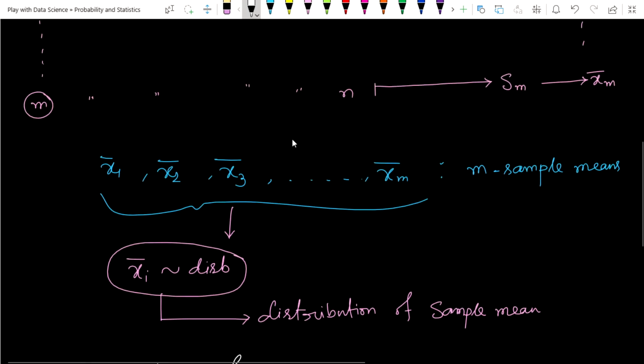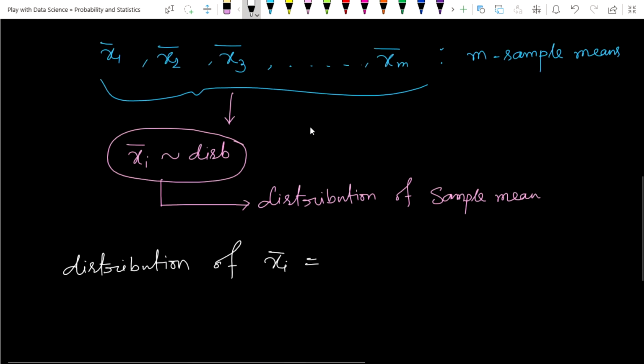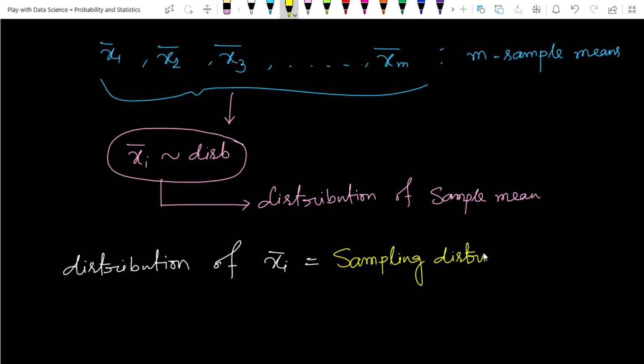I am taking the distribution of the sample mean, so this is called the sampling distribution. These are called the sampling distributions of sample means.